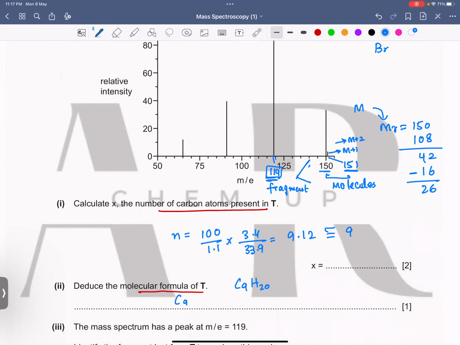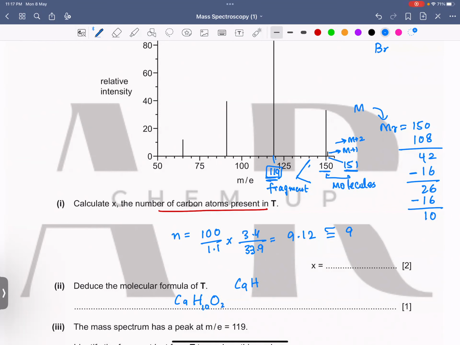So it means I can suggest that there must be one oxygen in it. But if I subtract one more 16, then I would be left with 10, right? So this can be a possibility that there must be 10 hydrogens and 2 oxygens.